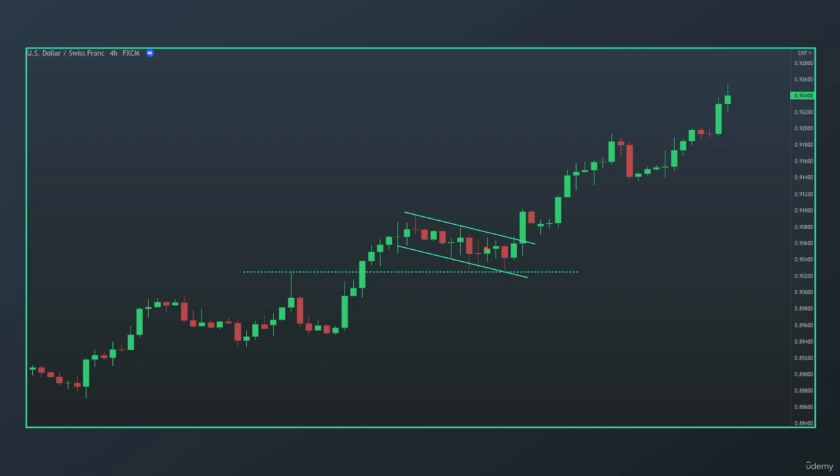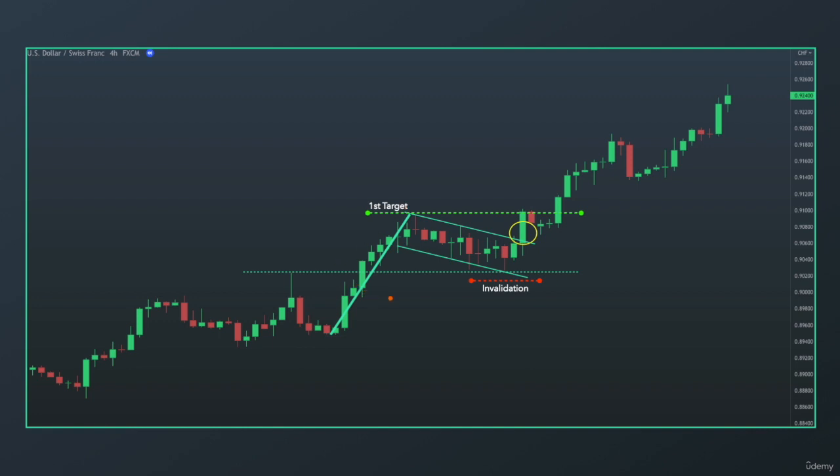For us to confirm that this is a continuation pattern, we have to wait for a breakout and then put our invalidation below the low. For our target, our first target will be the recent resistance, and the second target is a measured move from the starting point of this impulsive move.